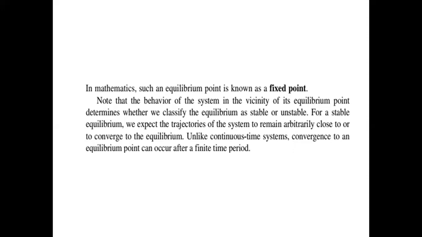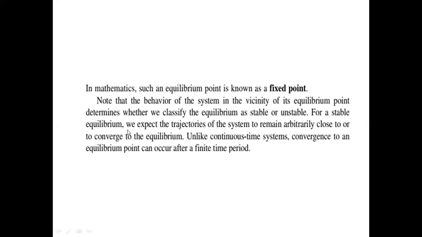Then we need to find out about the motor operating at 230 volt and, suppose, 3 or 4 ampere. So in that case, if it is stable, then we can say that the motor is operating stably. This is the meaning: the behavior of the system in the vicinity, meaning in the close range, of its equilibrium point determines whether we classify the equilibrium as stable or unstable.